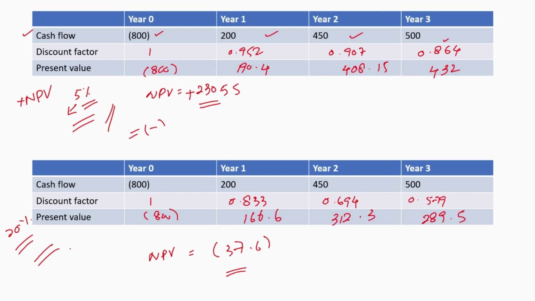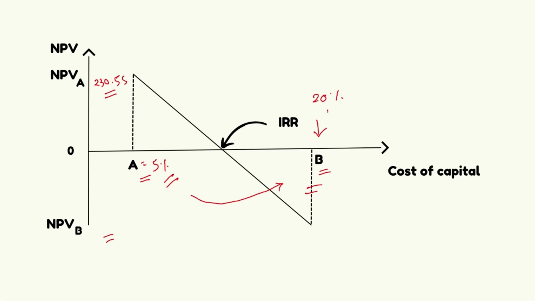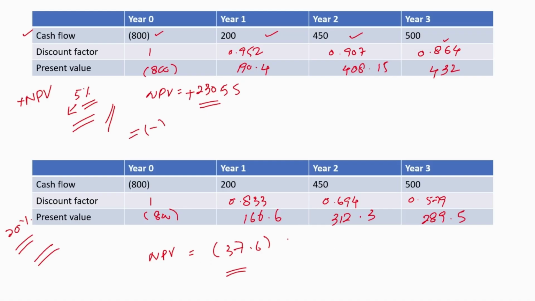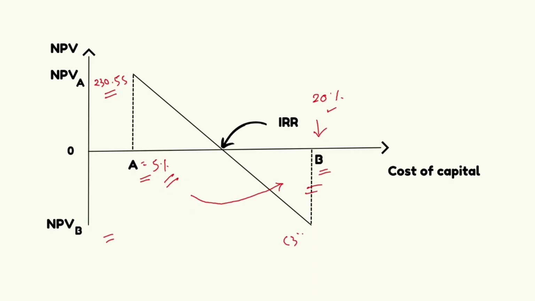You have to have the understanding of what is the IRR formula and how to use this formula in order to calculate the IRR. So the rate is correct. So the negative NPV value is 37.6. Now we can assign these values into the IRR formula and calculate the IRR.